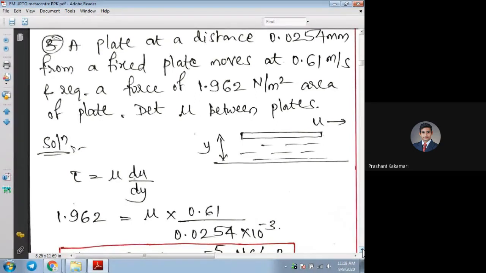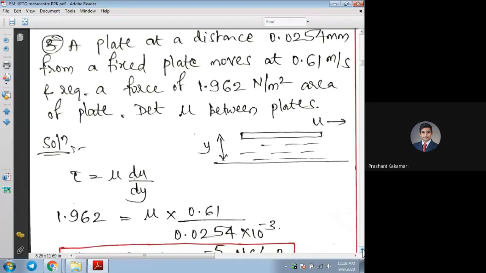Distance given is 0.0254. This we need to convert to meters, because the shear stress is already in Newton per meter square and velocity is also meter per second, but the distance is in mm. So for mm, I'll multiply by 10 raised to minus 3. It will be in meters.